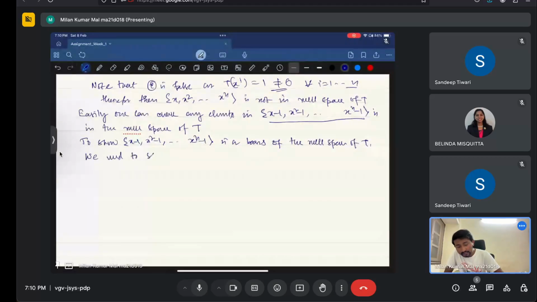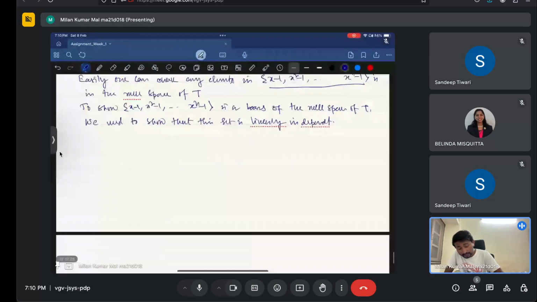So let's check whether this is linearly independent or not. Let the summation of i equals 1 to n of C_i times (x to the power i minus 1) be equal to 0.